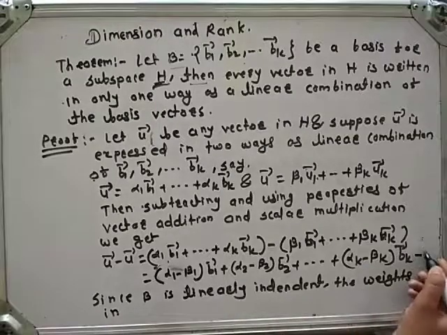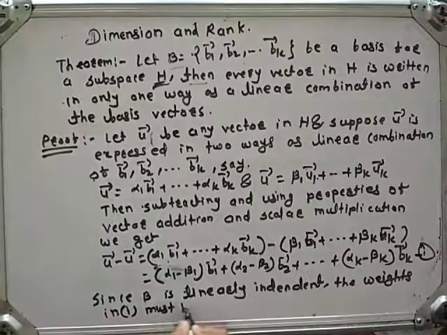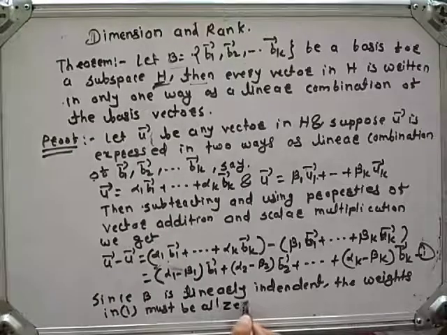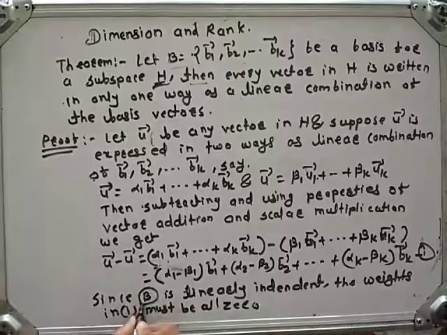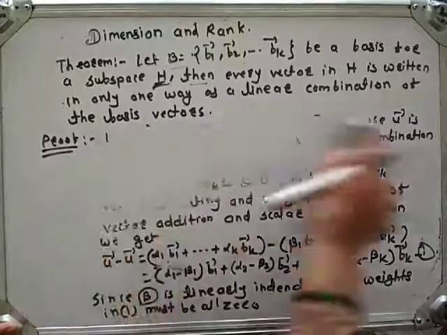Suppose we call this equation number 1. In 1, they must be all 0. Why? Because this set B is linearly independent.